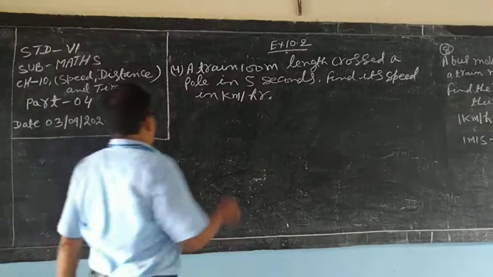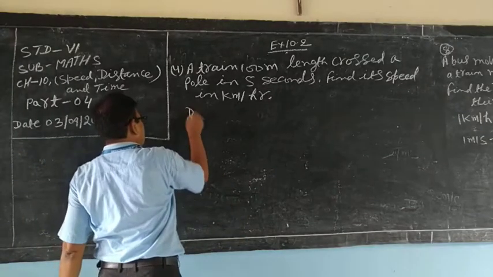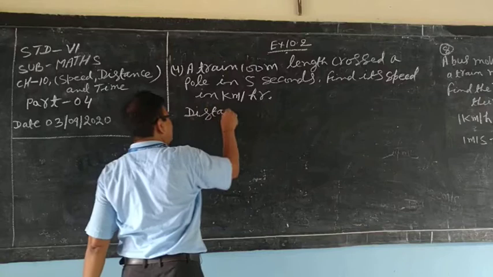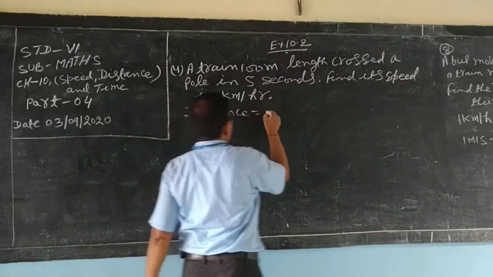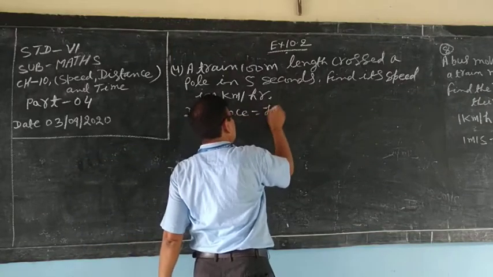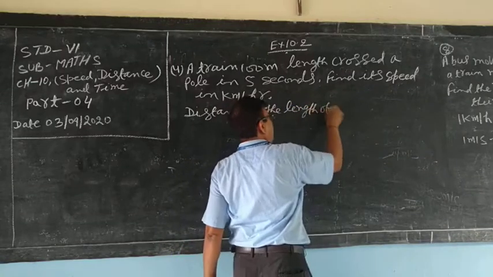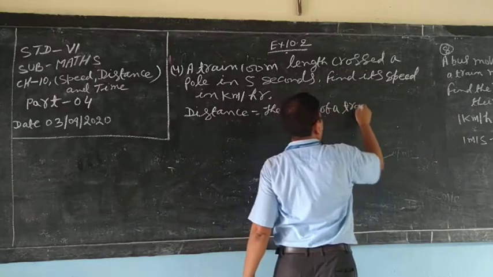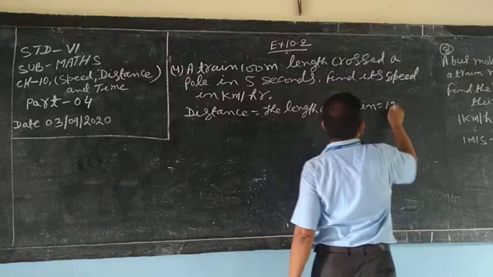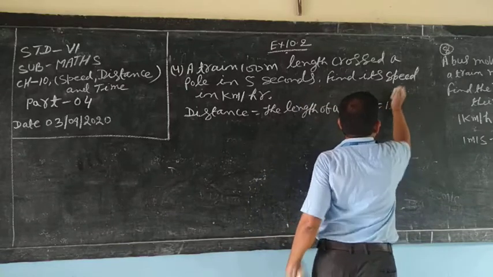So, the length of a train is the distance. Here you write distance is equal to the length of a train. That is given, 100 meter.